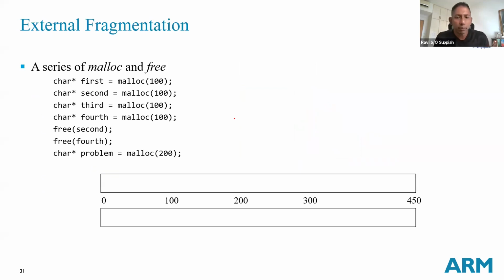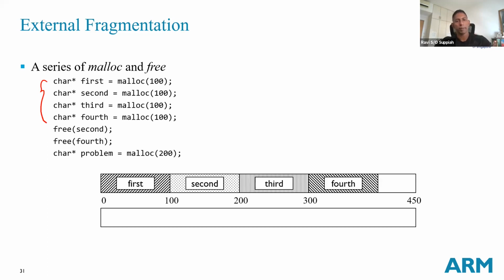If I look at this example here for external fragmentation, for the first 4 lines of code, I'm going to allocate 400 bytes of memory. When I free the second block and when I free the fourth block, I free up 2 blocks.